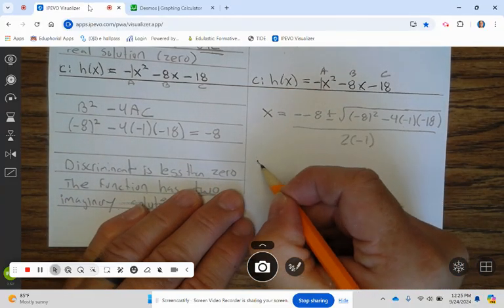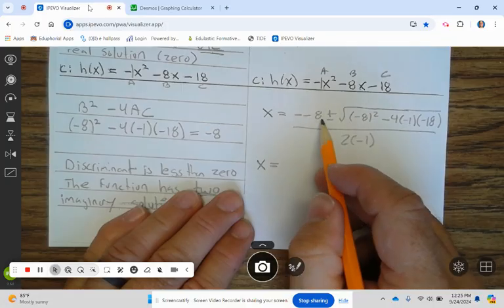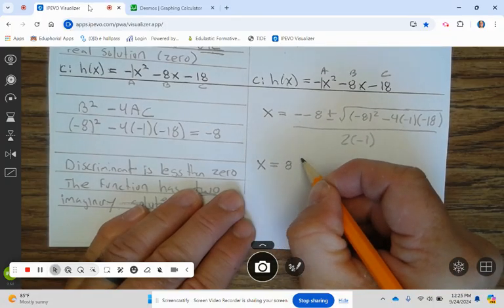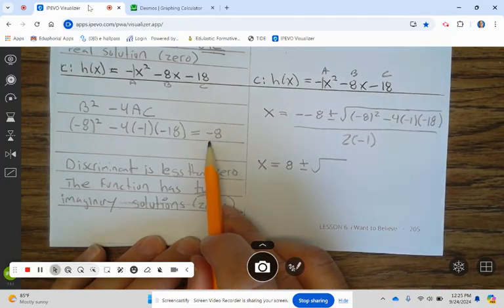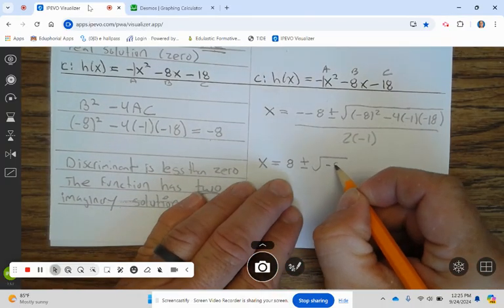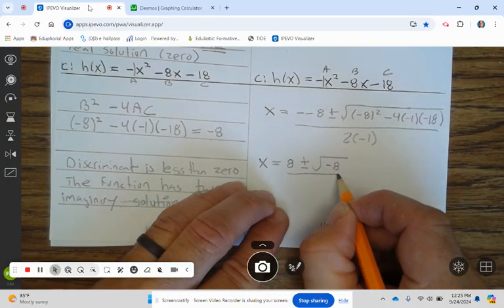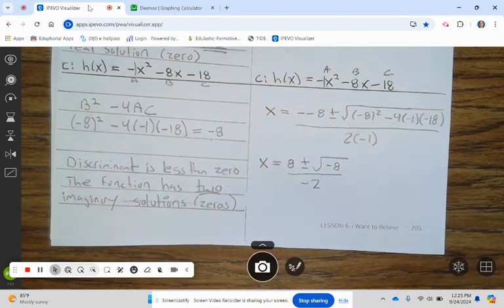Okay, so in this case we just have to simplify. So x, and negative times negative is a positive 8 plus or minus the square root. We know that all of this equals negative 8 divided by negative 2.